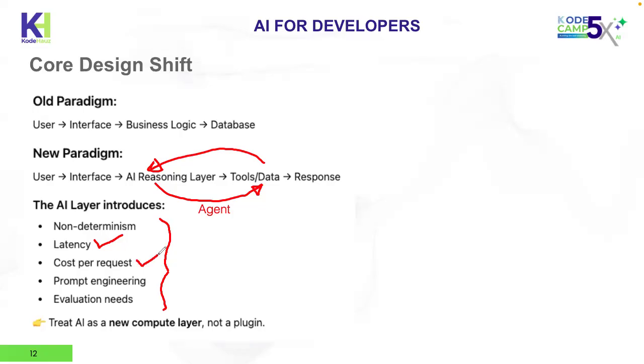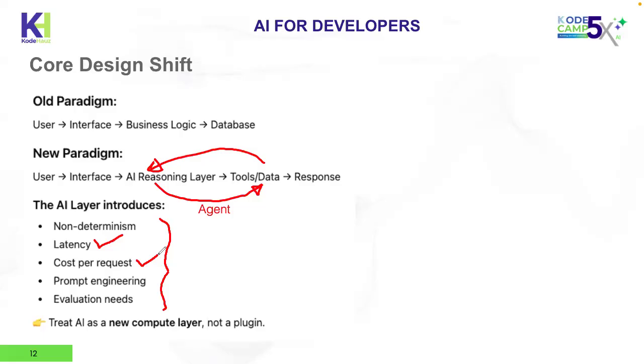So there's also things like cost per request. The user needs to know that you are paying for this. Well, there are different models. This is now a business model around the app itself. As you are designing the app, who pays for all this cost?